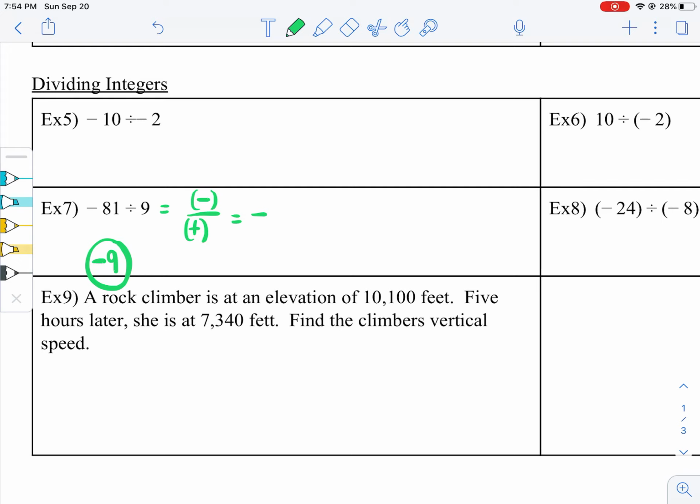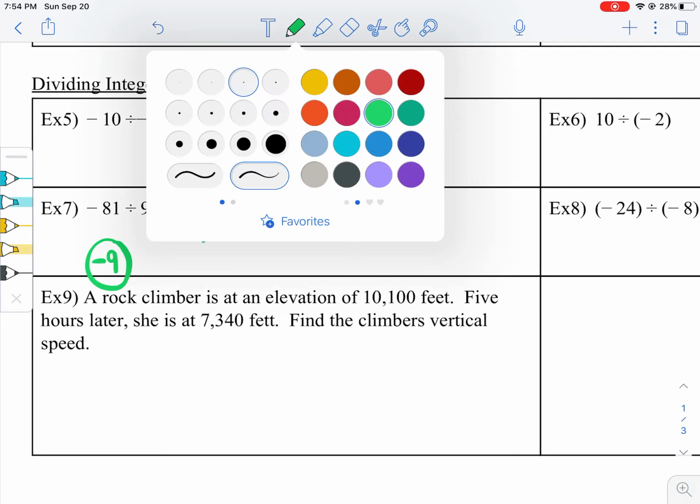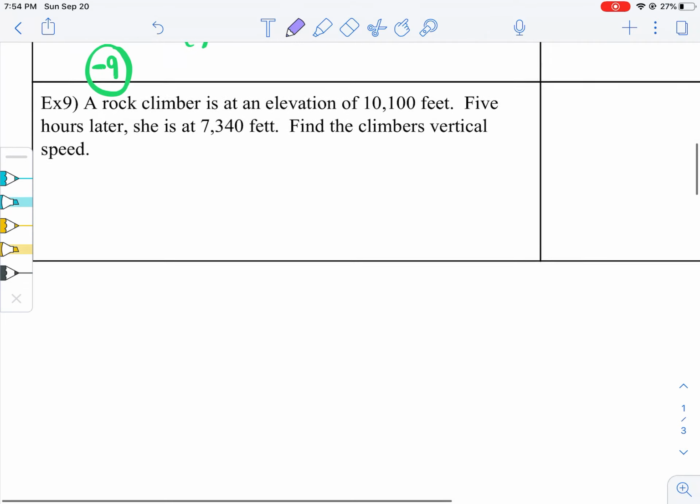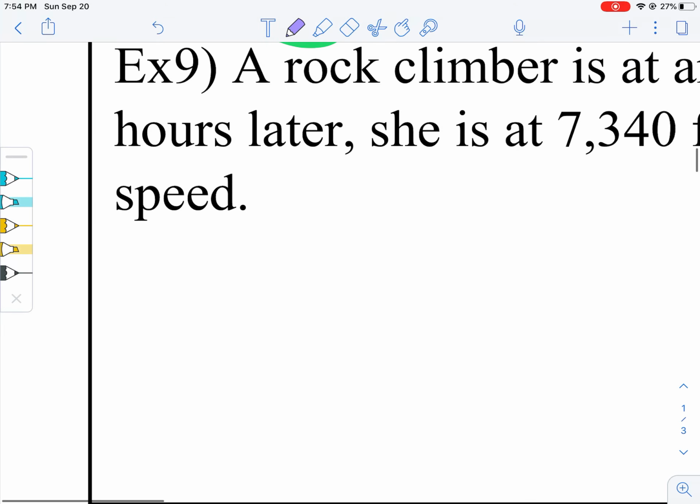And let's just do this word problem. A rock climber is at an elevation of 10,100 feet. 5 hours later, she is at 7,340 feet. Find the climber's vertical speed. So let's just talk about speed for a second. Anytime it says speed, I'm like, okay, well, what is speed? And I think about driving in a car.